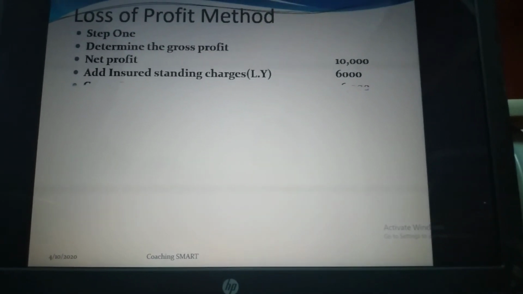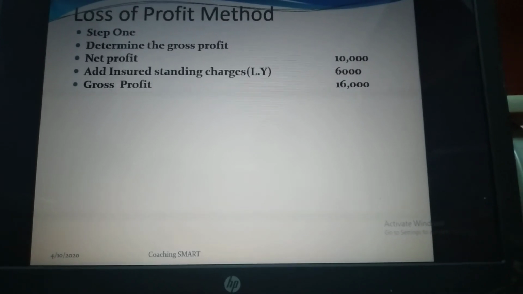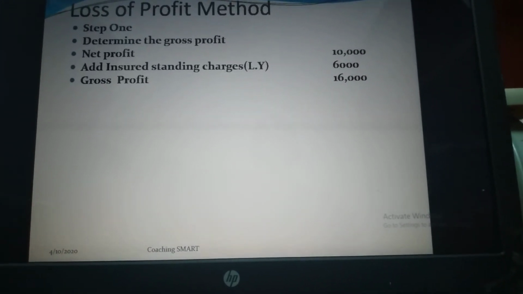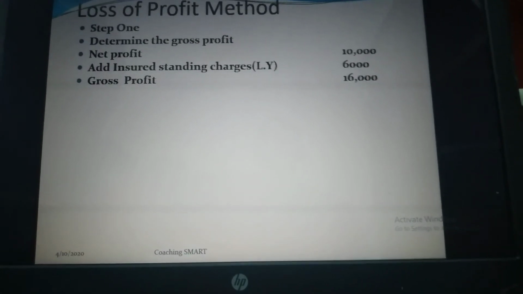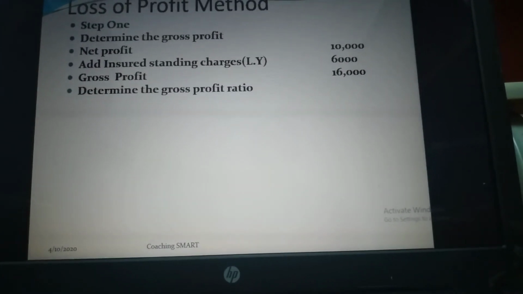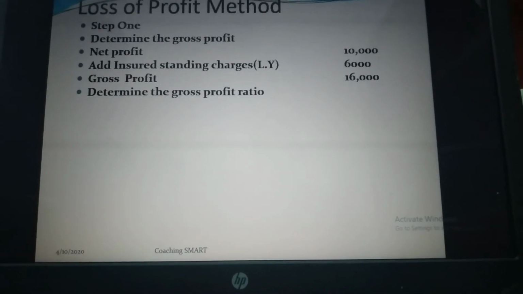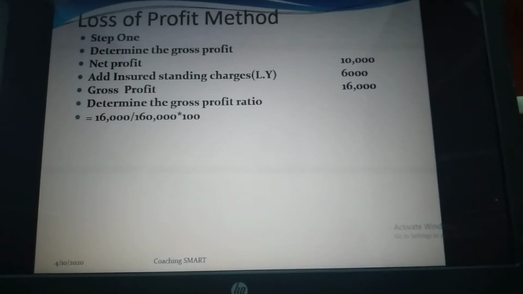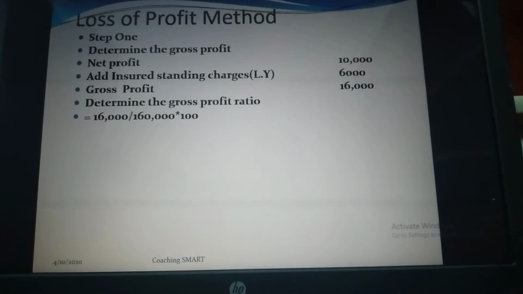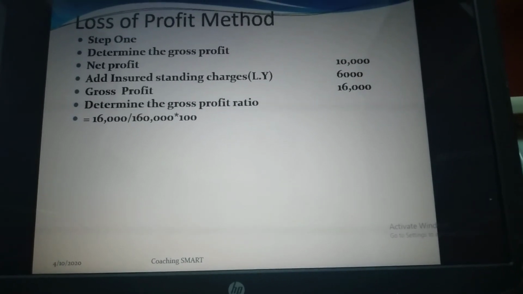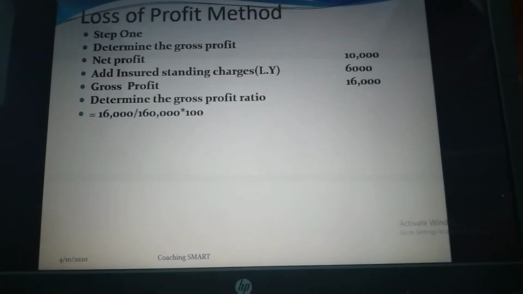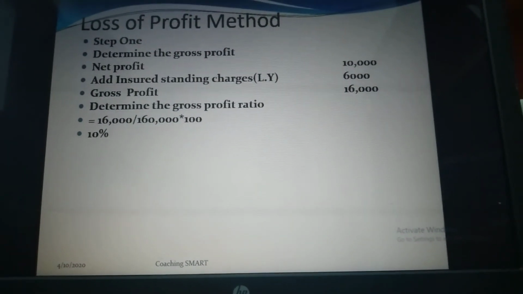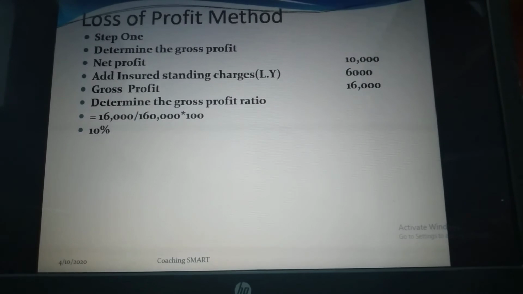You get 16,000 as our gross profit. Step number 2, determine the gross profit ratio. Our gross profit ratio is 16,000 divided by 160,000 times 100, which gives us 10%. So 10% is our gross profit ratio.